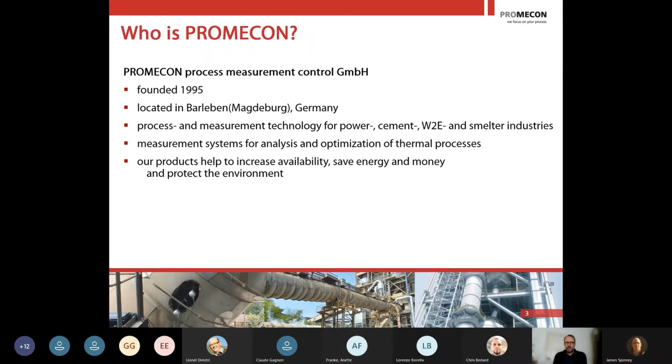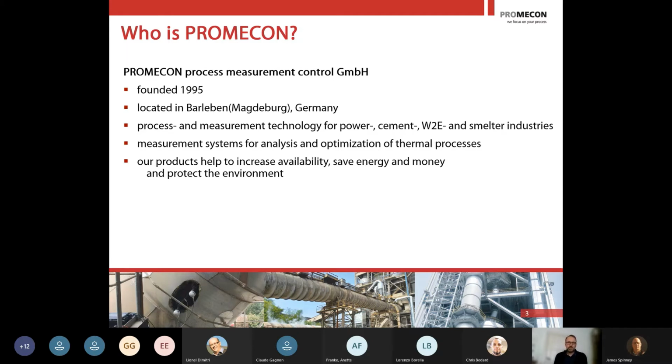The measurement systems, they are taken for the analysis and for the control and optimization of thermal processes. So we have a wide range of the measurements for the applications. Some of them are applied in critical processes like the firing of power plants, where we have to meet certain safety rules, SIL2 compliance, and some are also for emission monitoring, which is a certified process.